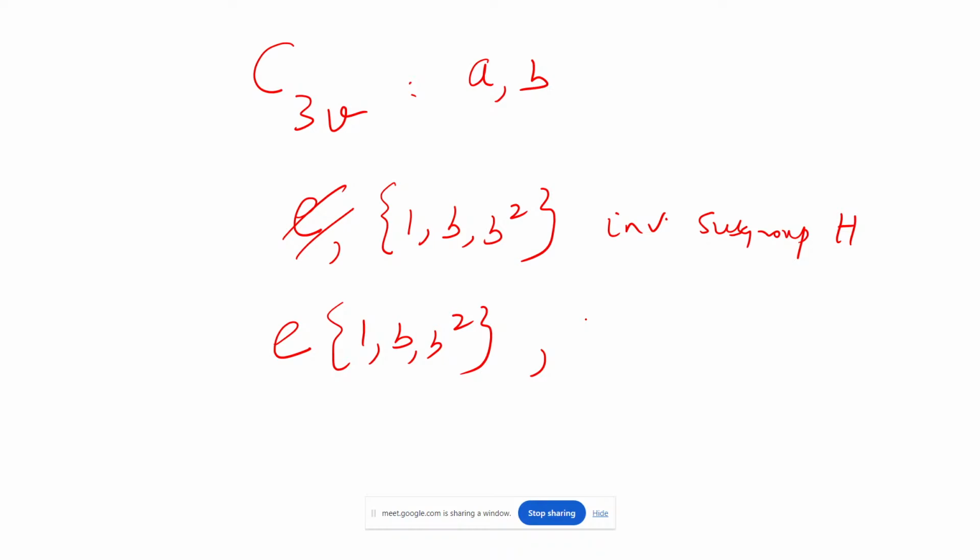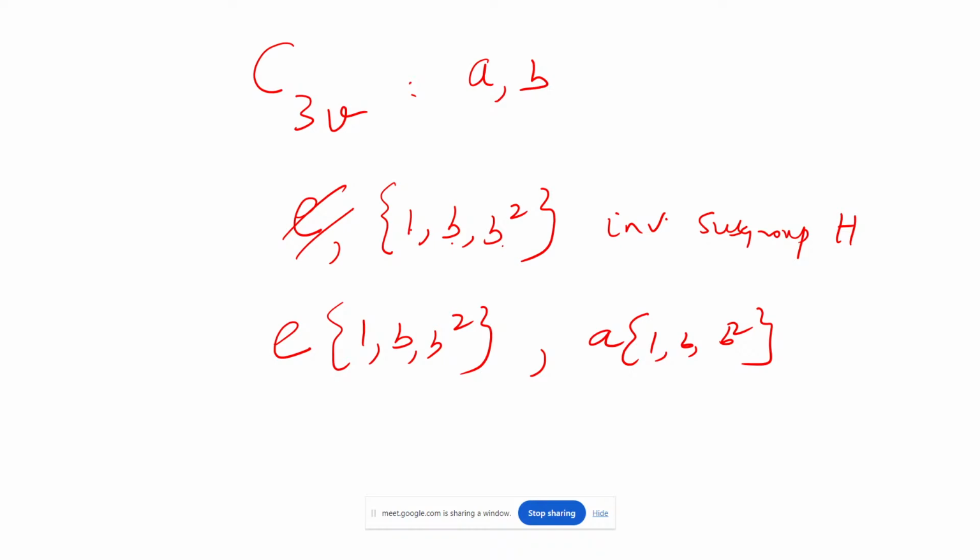The second coset can be A multiplying 1, b, b squared. B multiplying something has no meaning, it gives you itself. If you multiply b, the b will come here, then b squared, and then b cubed as identity. So you don't get anything new. These are the only two cosets possible.